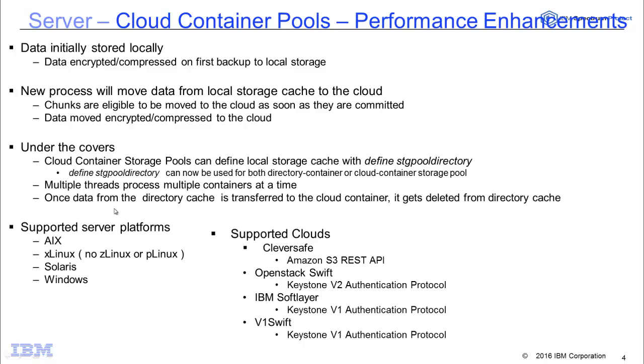And then once the data is transferred from the directory cache out to the cloud container, it is deleted from the directory cache itself. We support Spectrum Protect server platforms of AIX, Linux, Solaris, and Windows. We support cloud container storage pools that consist of CleverSafe, Swift, IBM SoftLayer, and V1 Swift.